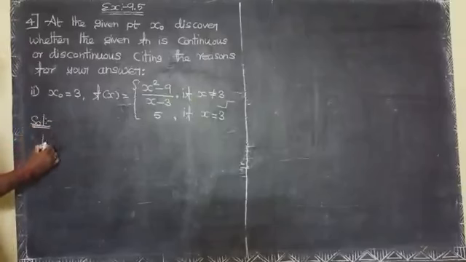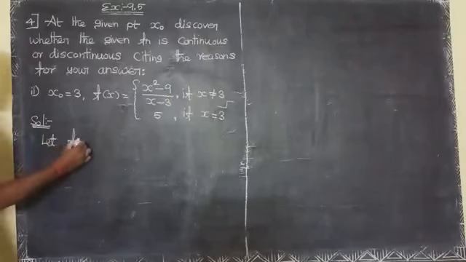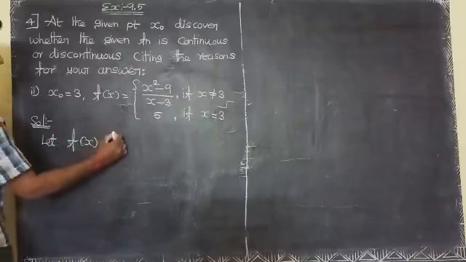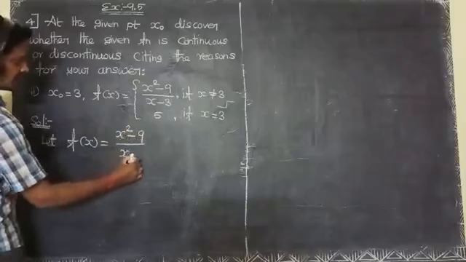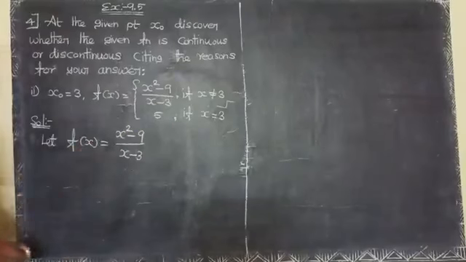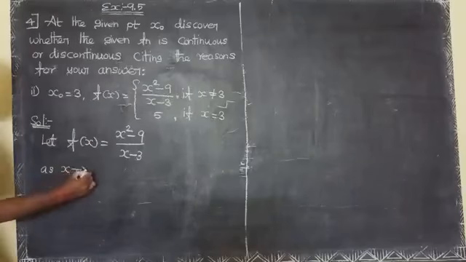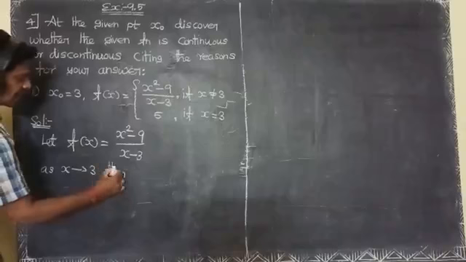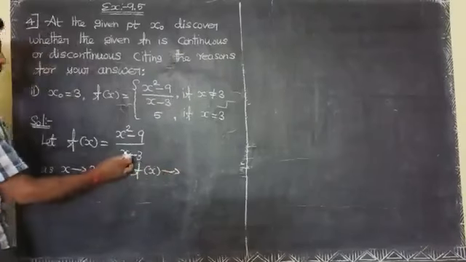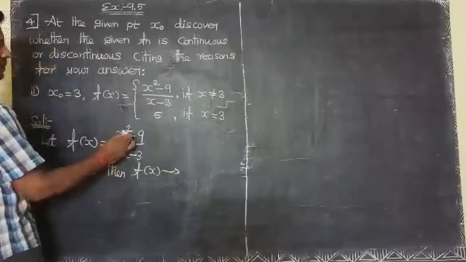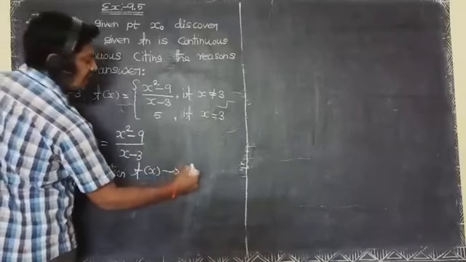Let f of x which is equal to x squared minus 9 divided by x minus 3. Here replace x approaches 3, then f of x becomes 3 squared, 9 minus 9, 0 by 0, which is an indeterminate form.